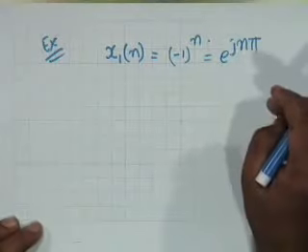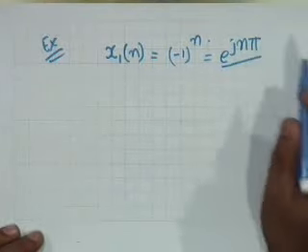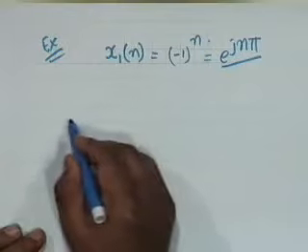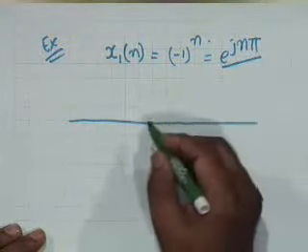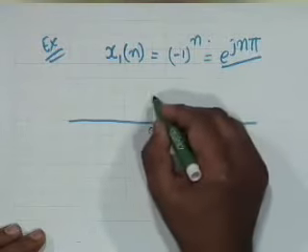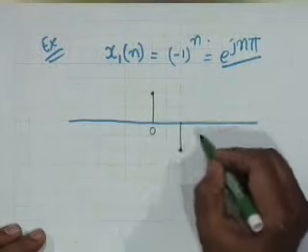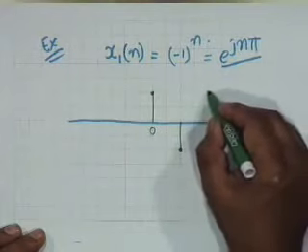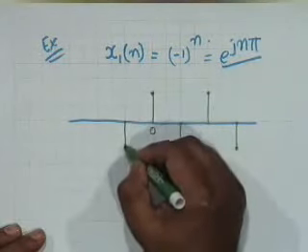E to the plus j pi or e to the minus j pi is equal to minus 1. So e to the j n pi is minus 1 to the n. And therefore, if I plot this sequence, I have at n equal to 0, it is plus 1. At n equal to 1, it is minus 1. At n equal to 2, it is plus 1, and so on. So it is a periodic signal.